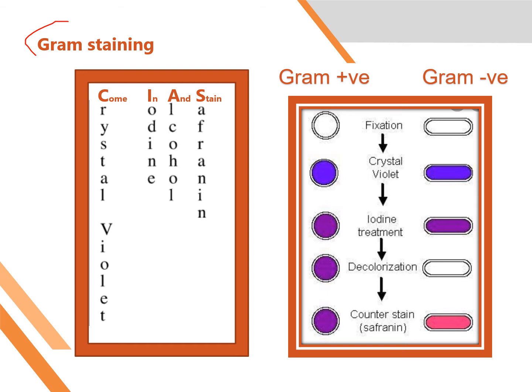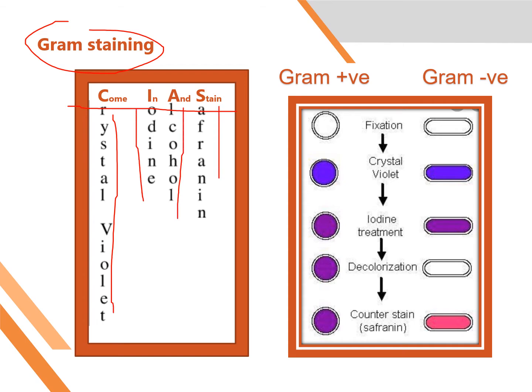Now, how do we do gram staining? Remember the mnemonic? We use the crystal violet stain first, then the iodine treatment, then the alcohol treatment, and then stain with the safranin. So all the bacteria are here. First of all, the crystal violet, so they all turn violet in color.